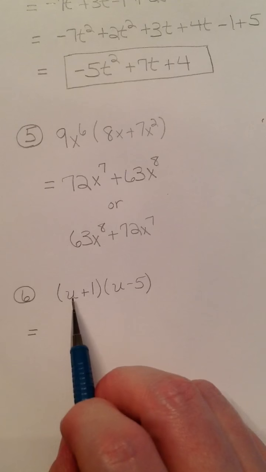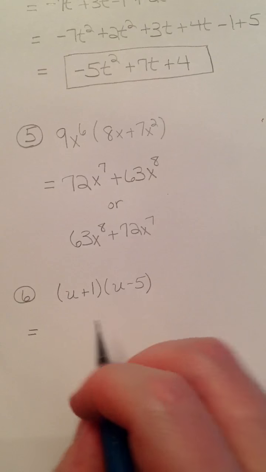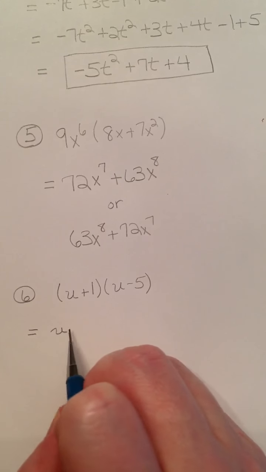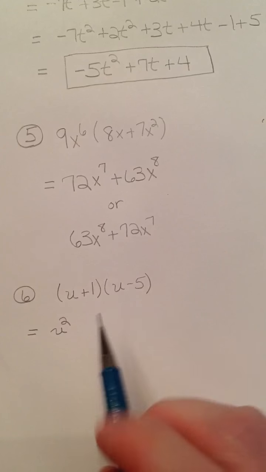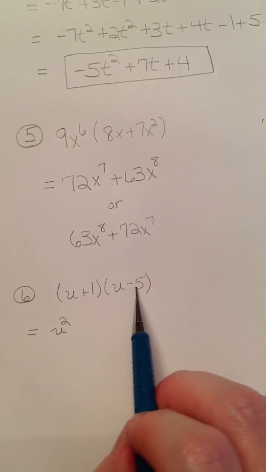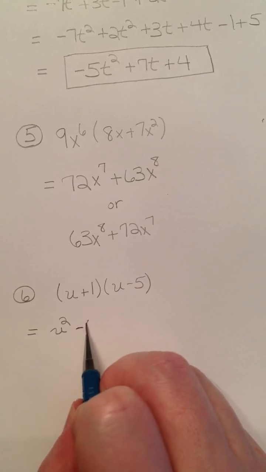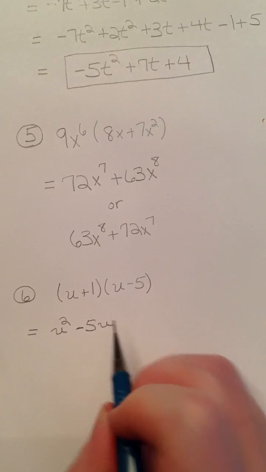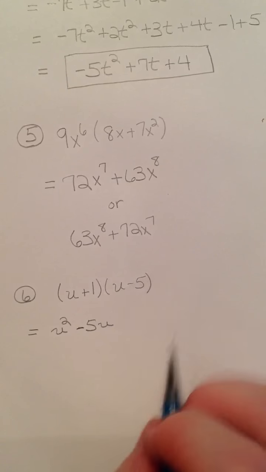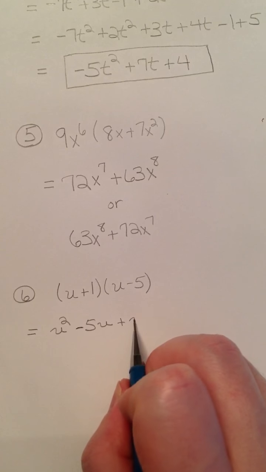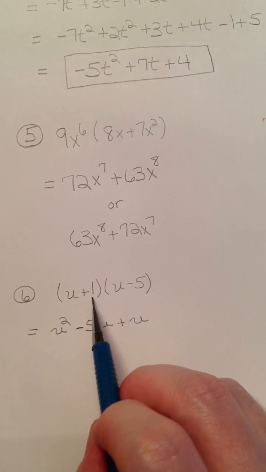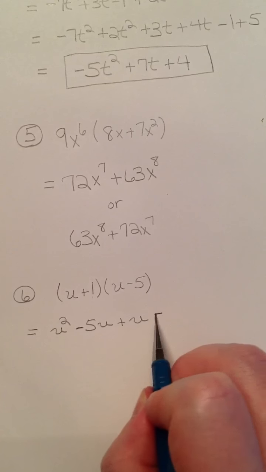Now for the first product, we have u times u, which will be u squared. Then the outside product, we have u times negative 5, so we have minus 5u. Inside product we have 1 times u. And the last product we have 1 times negative 5, which would be a minus 5.